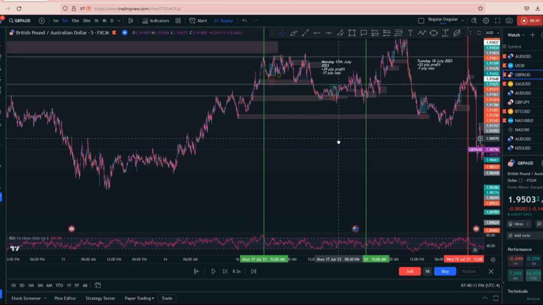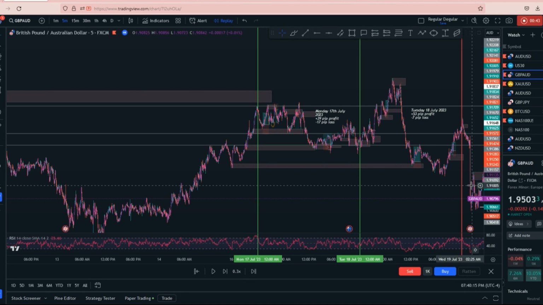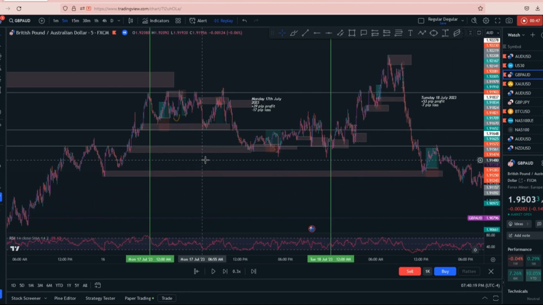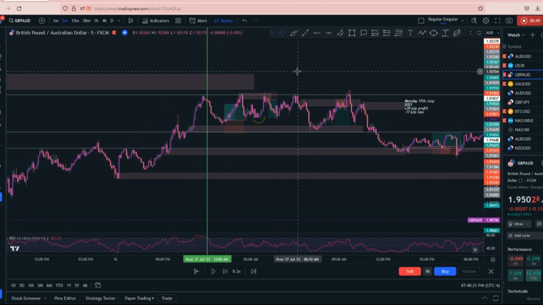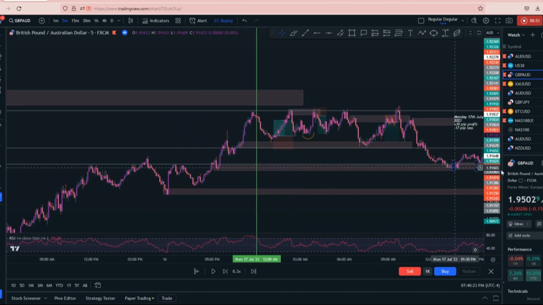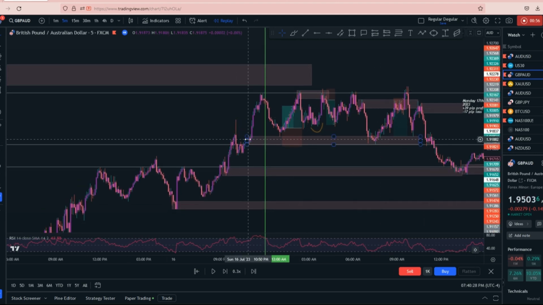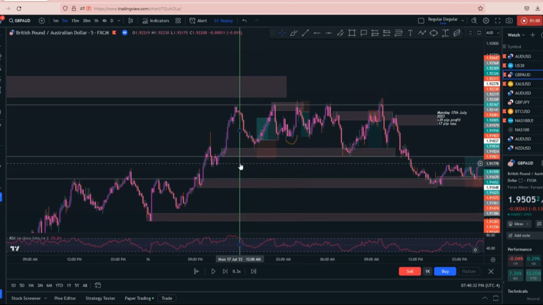Let's start with Monday, which was a 39 pip profit day with a 17 pip loss. The first trade, there was a demand zone from the previous day, which was that Sunday. And so price came into that area.